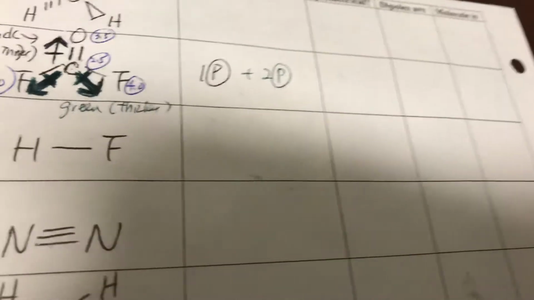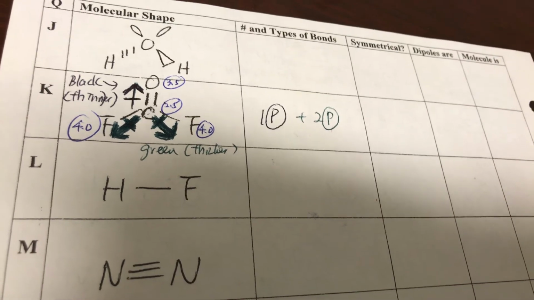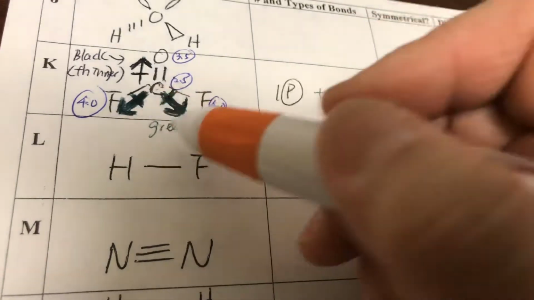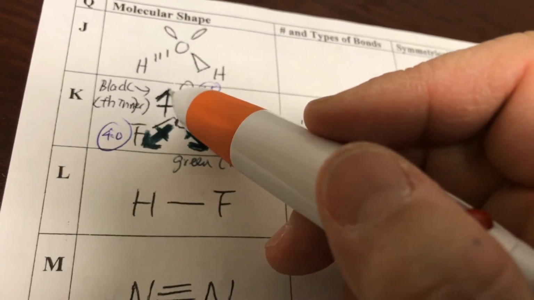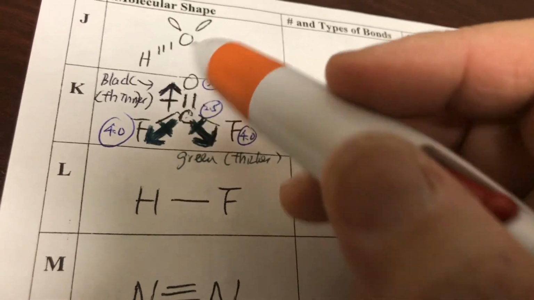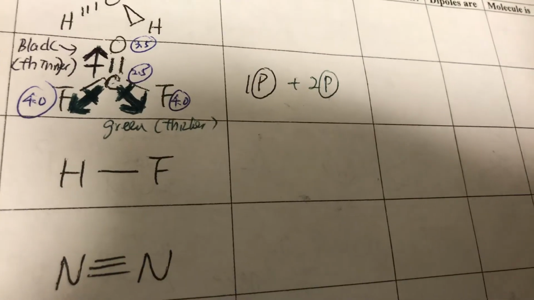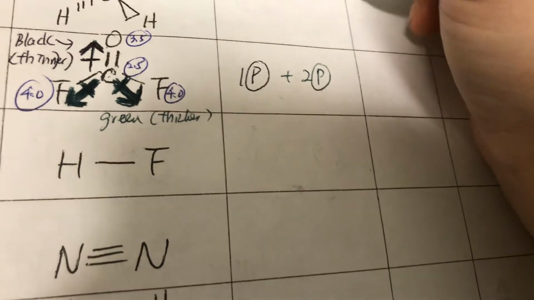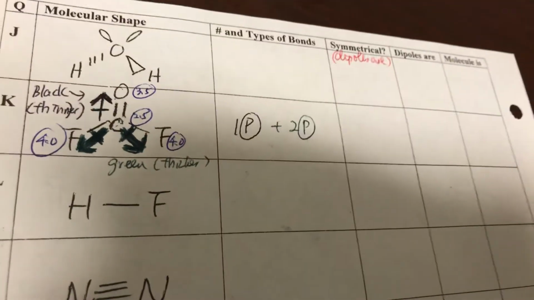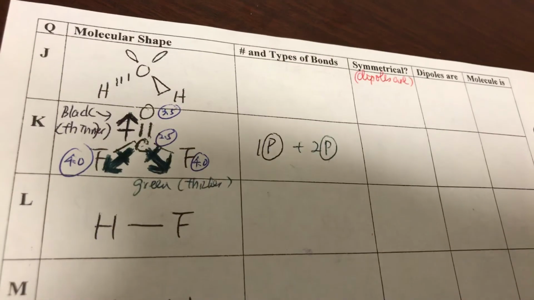Now you can tell, right? Originally the dipoles are symmetrical if they are the same strength. But the black one and the green one are not the same. The black one is a lot smaller than the bottom two. So the dipoles are not symmetrical. I forgot to write, the dipoles are not symmetrical because the size for the green is not the same as the black.